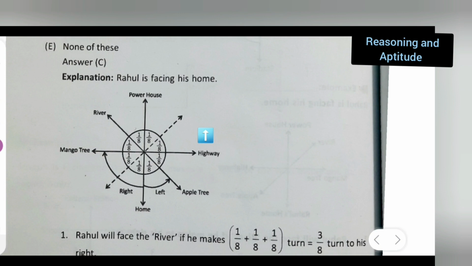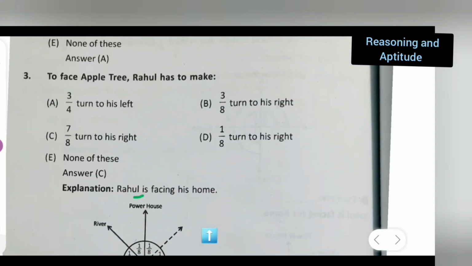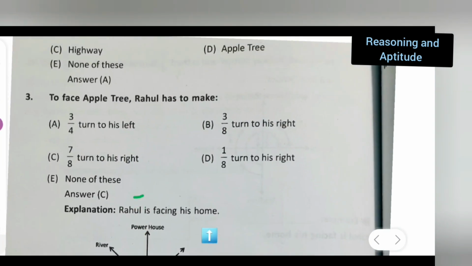So what we are going to do over here is, if you take it towards the right side, it will be like this, okay, here. So he has to face which one? I have said, to face apple tree.